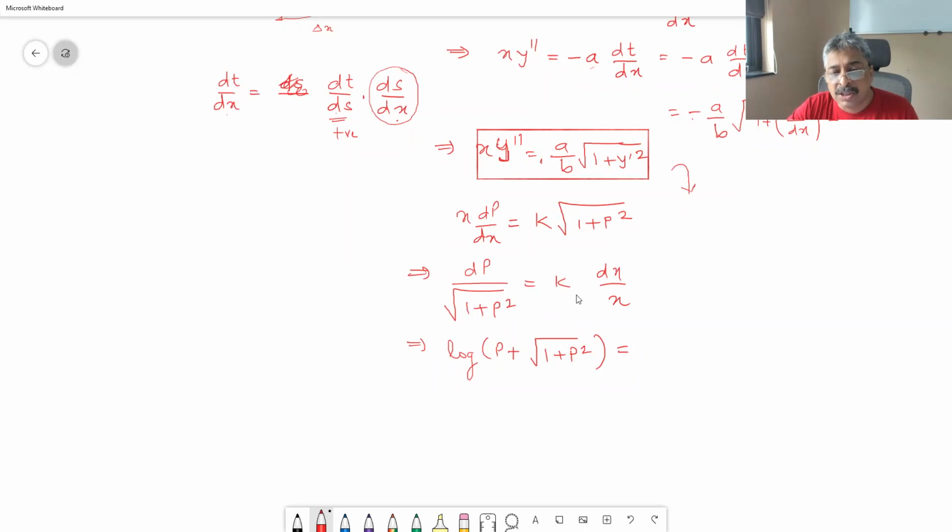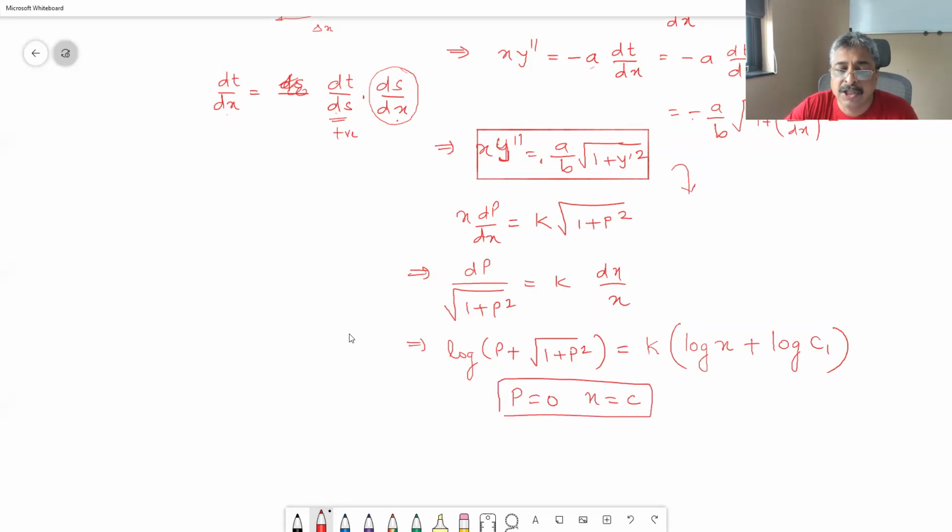Okay, so this is the integration of LHS. RHS is k times log x plus log c1. Suppose I make, then at this stage, can I evaluate this c1? When t is equal to 0, the slope p is equal to 0. p is equal to 0 when x is equal to c.